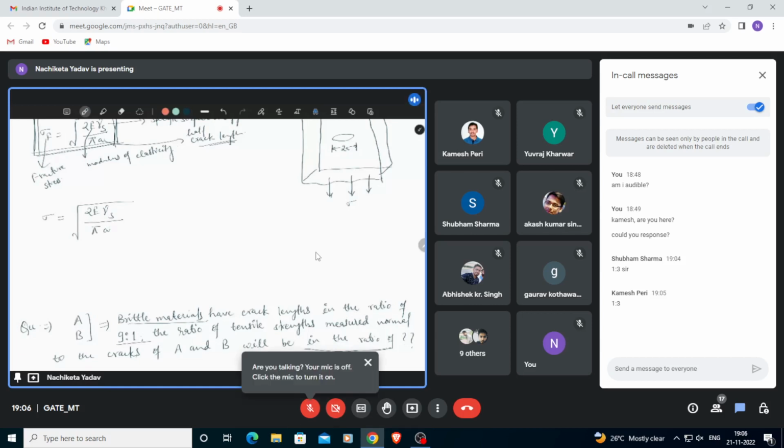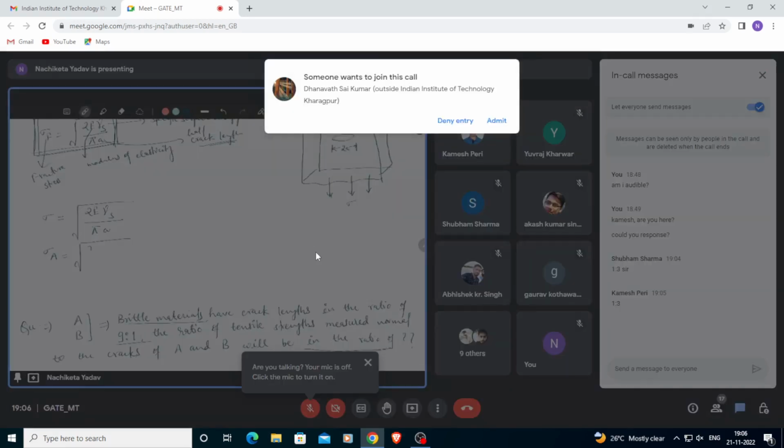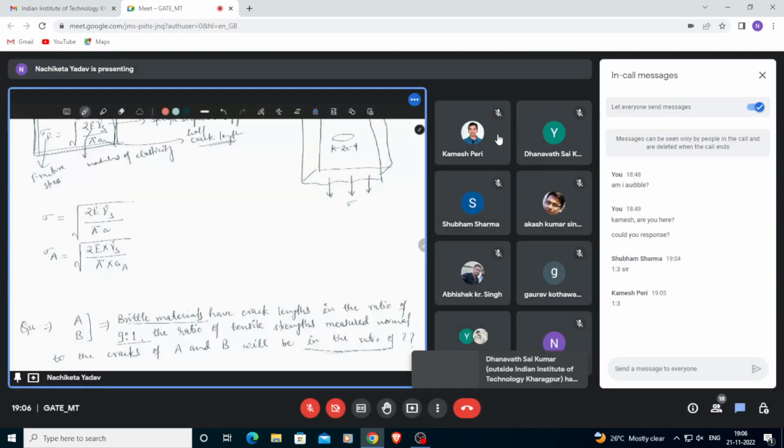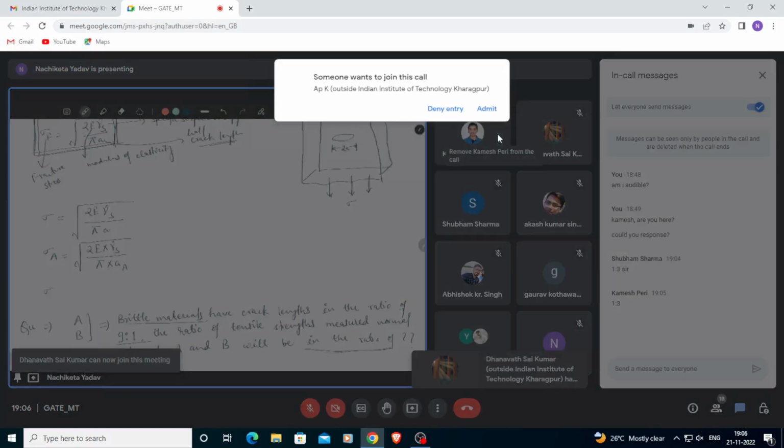Suppose for sigma A, 2E gamma S will be the same, pi into a A, and for B we can write the same, 2E gamma S by pi into a B.